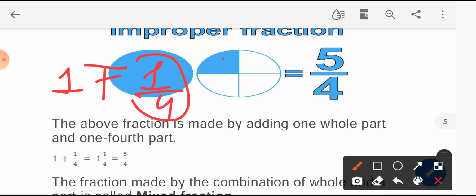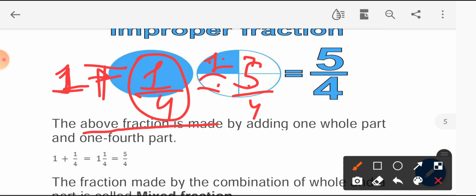You have to represent this fraction by shading parts. It means out of 4, how many are shaded here? Only 1, and it is a complete part. So 1 plus 1 by 4, which is equal to 5 by 4. So the above fraction is made by adding one whole part. Whole part means a complete part, and 1 by 4th part means 1 by 4. So it is equal to 5 by 4.